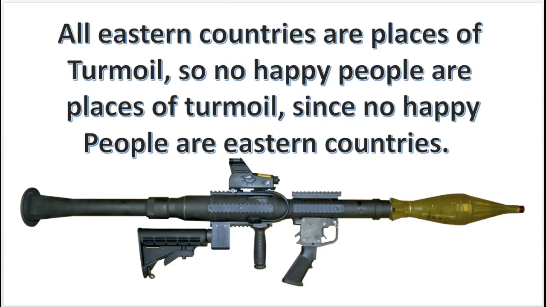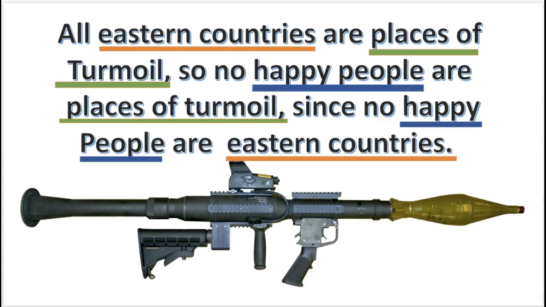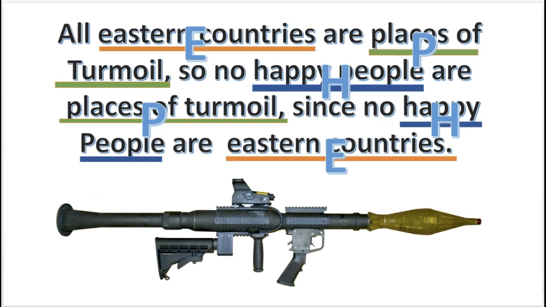Okay, so now the next step, you have your argument and you're going to see the terms. These are the terms here, all this or that, so no of these or that. Now we're going to reduce these terms to letters rather than writing the whole term Eastern countries.